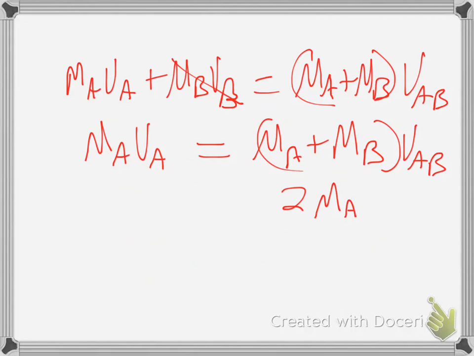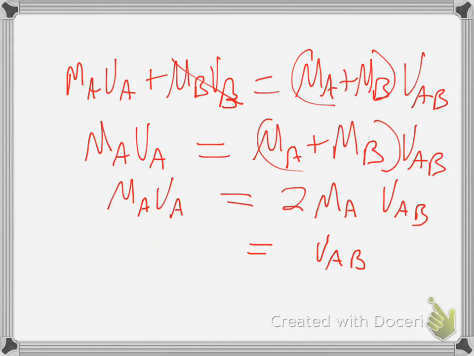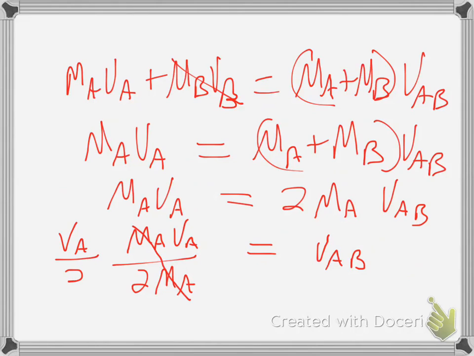All right, so 2 m_A times V_AB equals mass of A times the velocity of A. And then if we divide both sides by 2 times the mass of A, we end up getting mass of A times the velocity of A over 2 times the mass of A. And then look what cancels out, mass of A. So the velocity of AB would be the velocity that A had divided by 2, or half as much. And see if that makes sense.